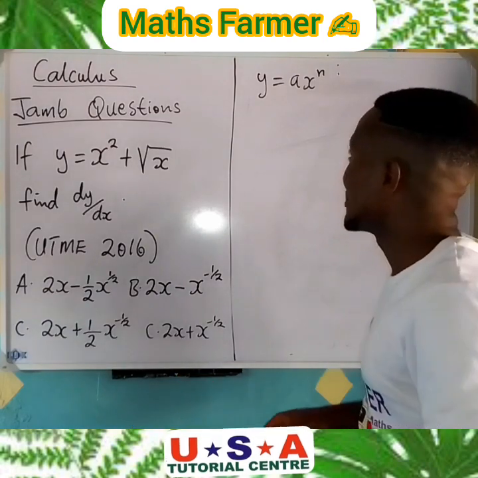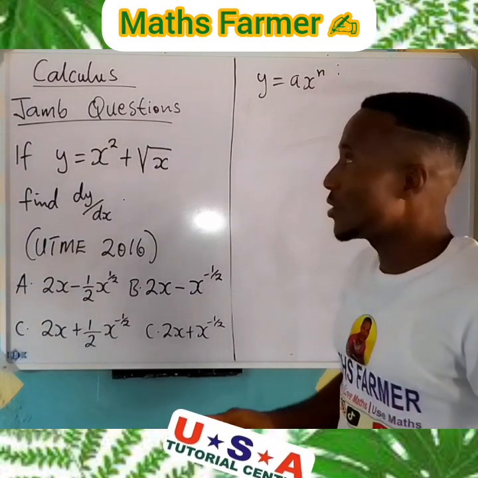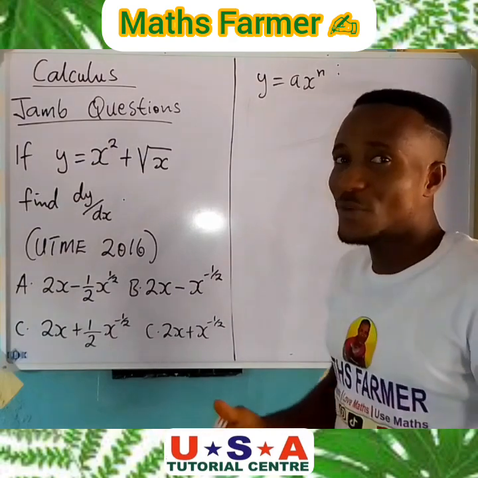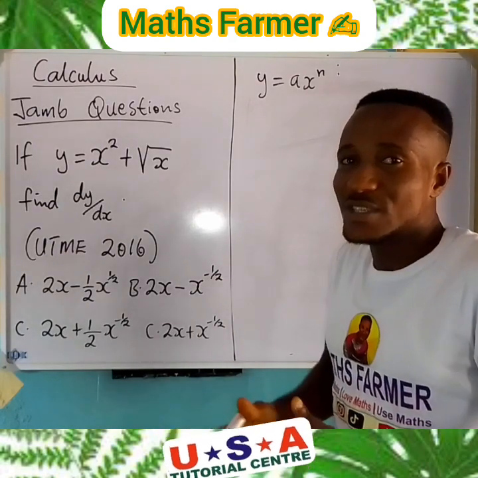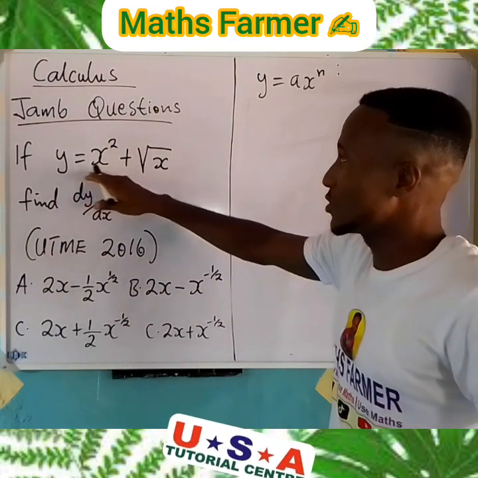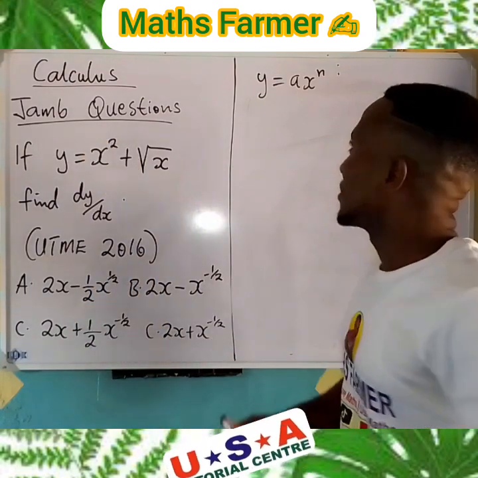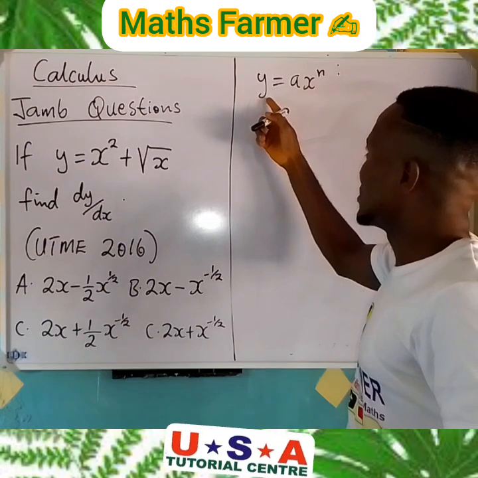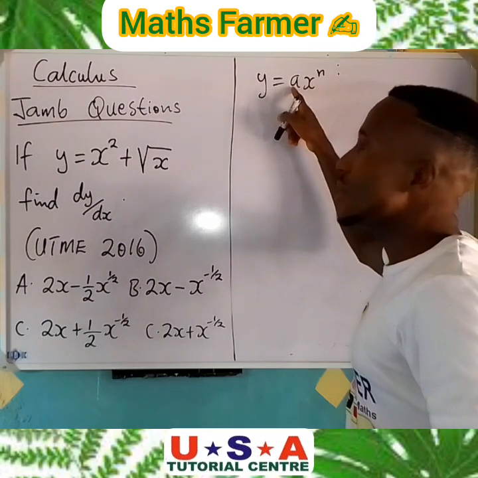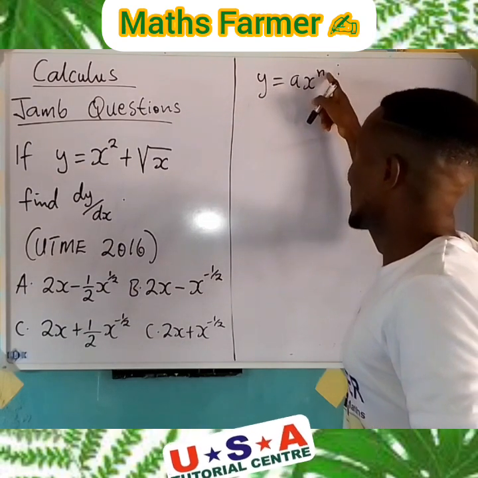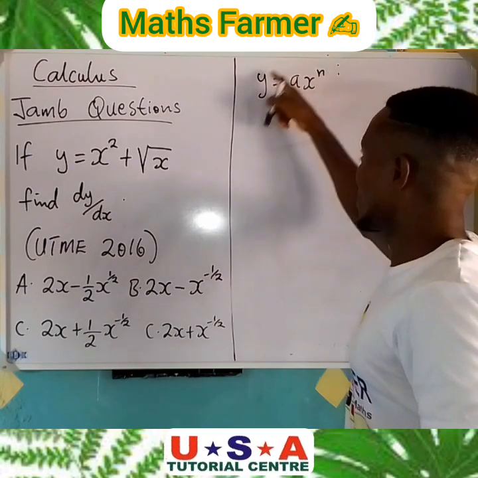We don't know. Now, you recall, I told you that there is a general formula we can use to differentiate an algebraic function. This is an algebraic function: algebra, alphabet and number. Hope you remember. Now, if you have, for instance, y equals ax raised to the power of n, this is an algebraic function.